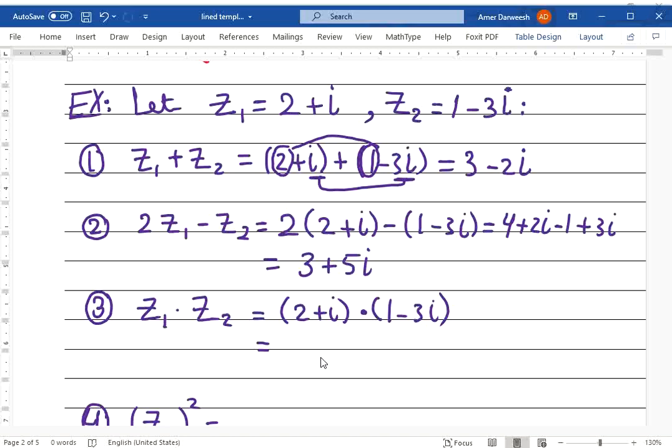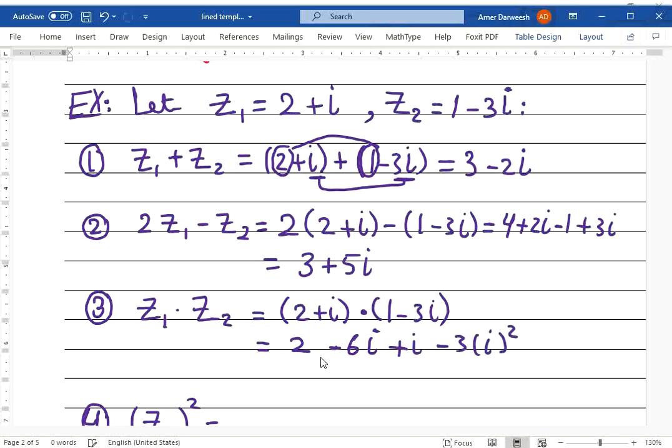So 2 times 1 is 2. 2 times minus 3i is minus 6i. هلا رايحين نوزع ال i على الواحد والسالب 3i. So i times 1 is i and i times minus 3i is minus 3i squared.